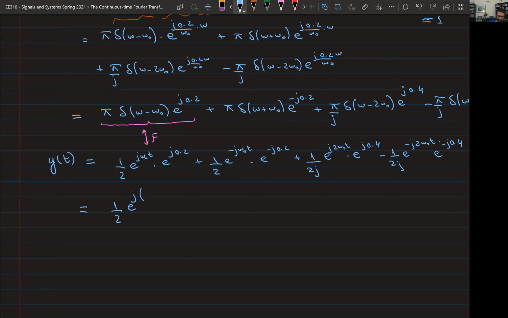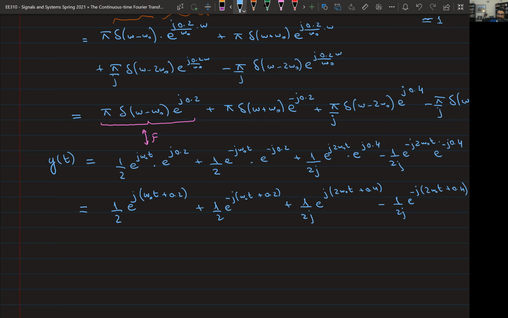So this is half e raised to power j omega naught t plus 0.2, and this is half e raised to power minus j omega naught t plus 0.2, and this is 1 upon 2j e raised to power j 2 omega naught t plus 0.4, and minus 1 upon 2j e raised to power minus j 2 omega naught t plus 0.4, right?